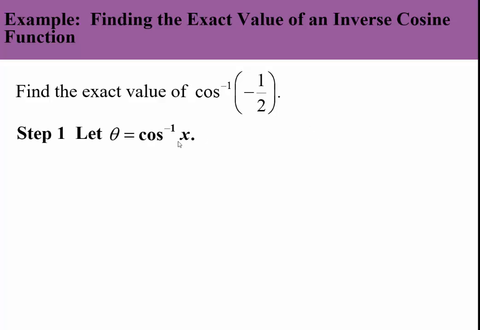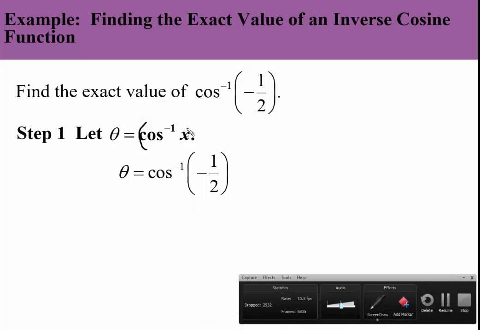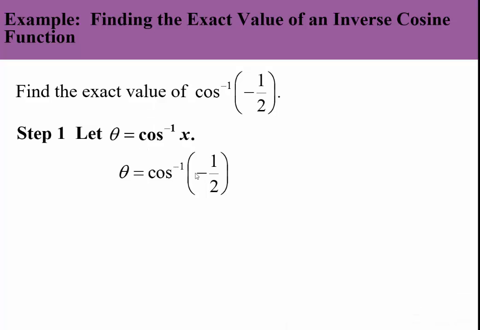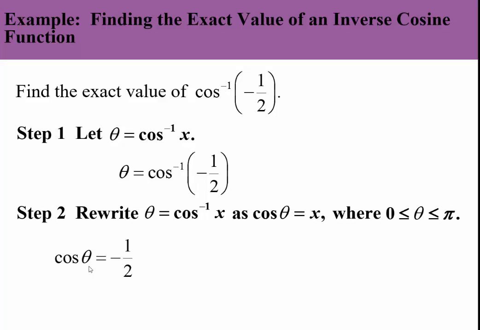All right, so the steps: let theta equal this. Go ahead and take the cosine of both sides of the equation, and you can rewrite it as the cosine undoes the inverse cosine here, and theta equals the inverse cosine of -1/2 will become the cosine of theta equals -1/2.